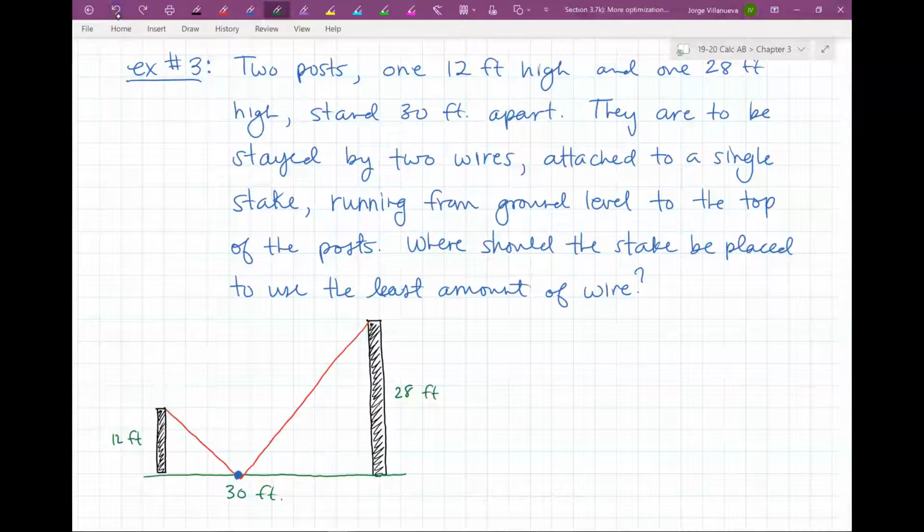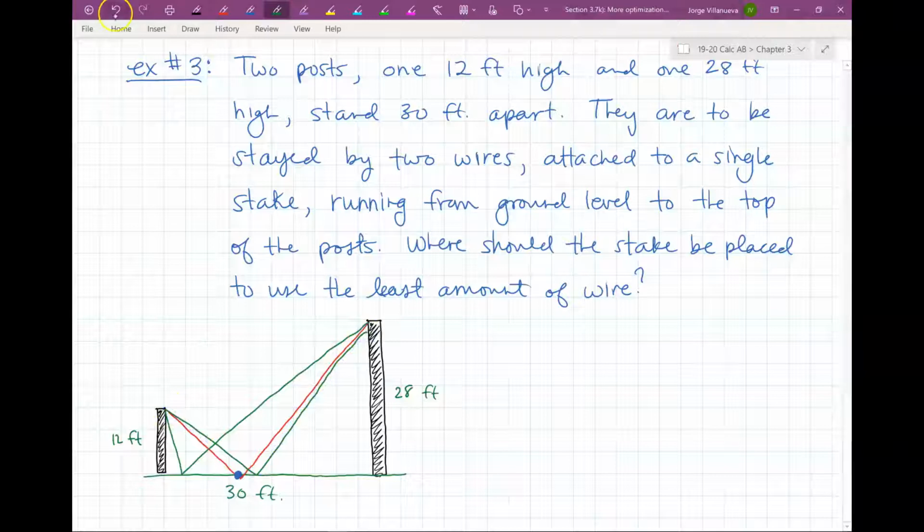Or maybe they do it like this. That could work too. It's a stake in between that's holding two posts with wires. It could look like this, maybe just a little bit further out.